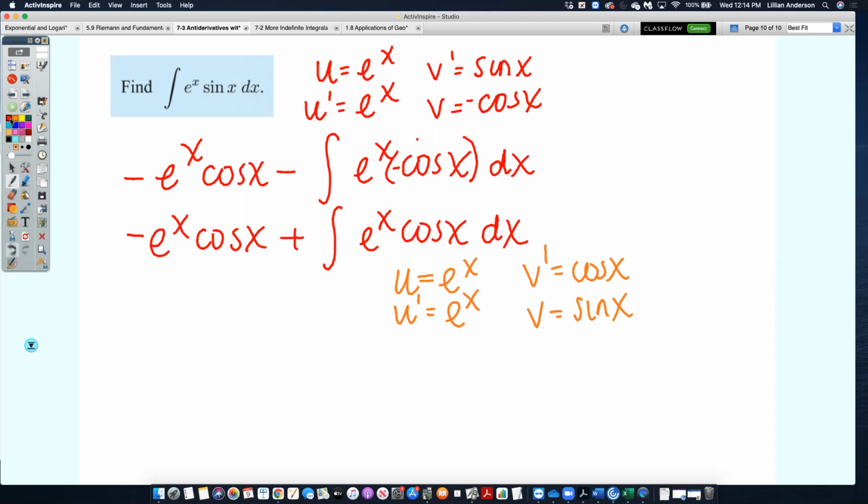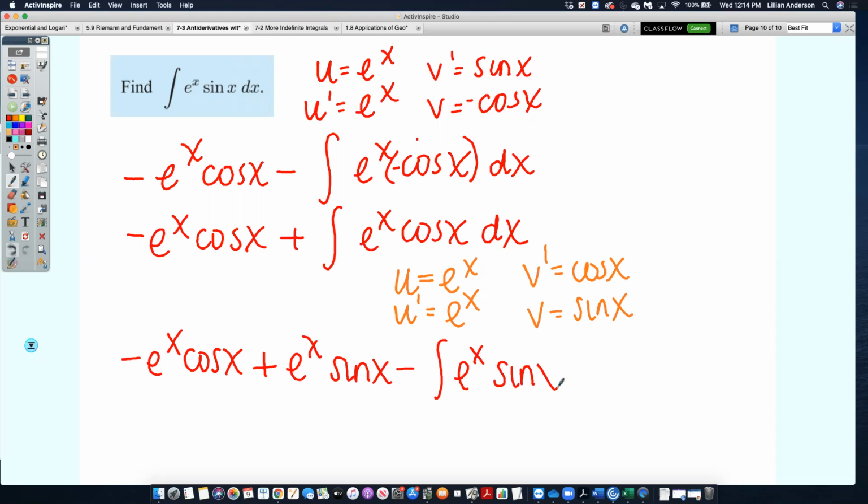It's back to where it was the first time. If I do it again, it's going to go back to the original function.